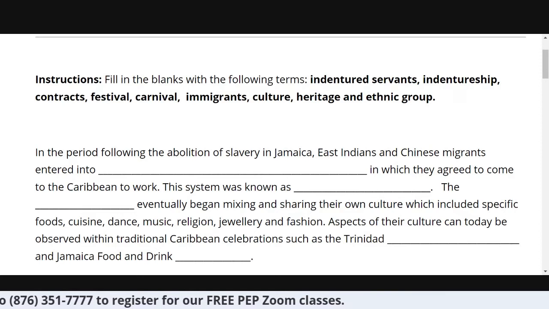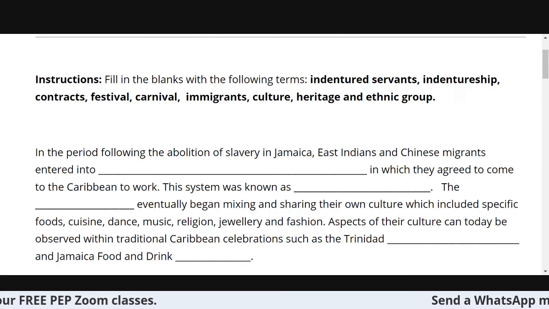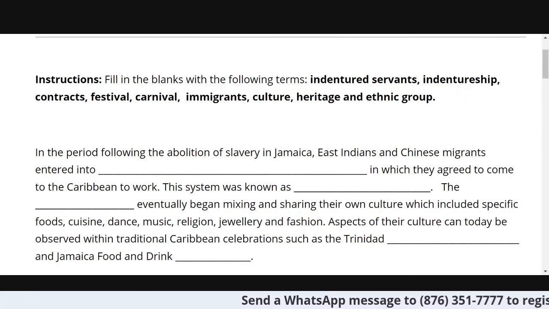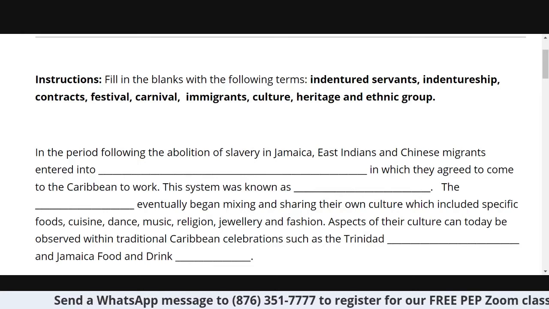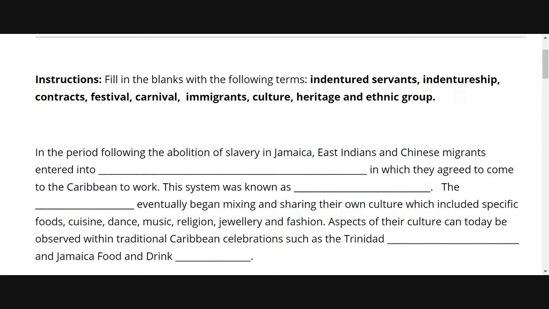Trinidad what? We're at this blank here, such as the Trinidad what? Trinidad Festival, okay.